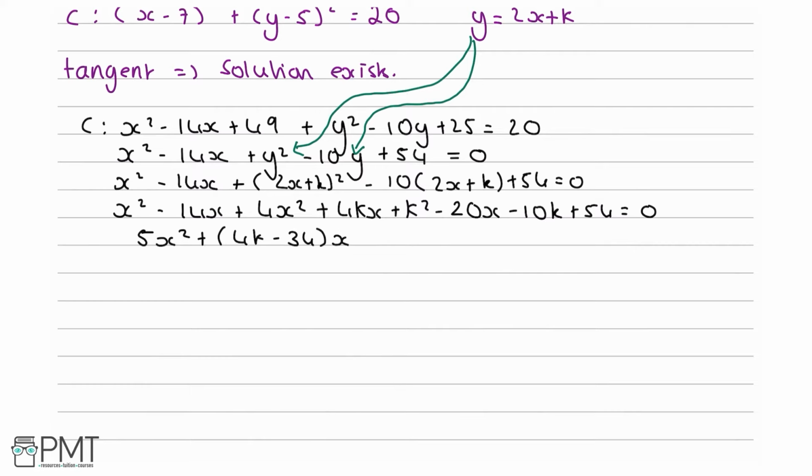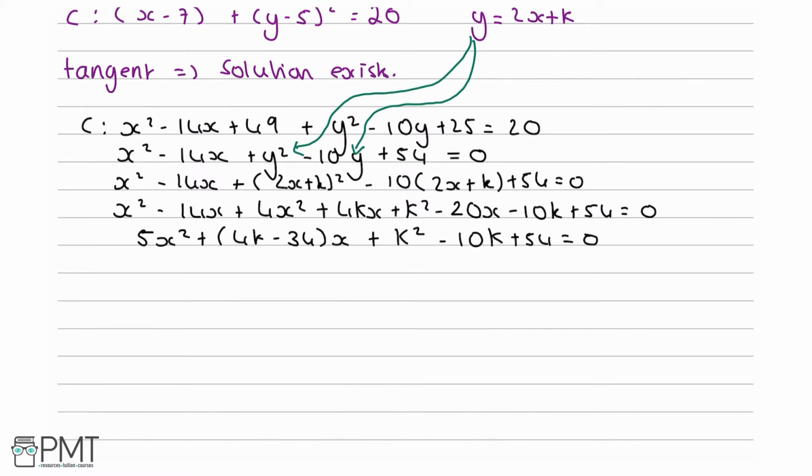The reason is because minus 14 minus 20 is minus 34, and 4k plus minus 34 is the same as 4k minus 34, and we've taken x out as a factor. Then all we have to do is our non-x terms, or our constants, and this is going to be plus k squared minus 10k plus 54, equals 0.